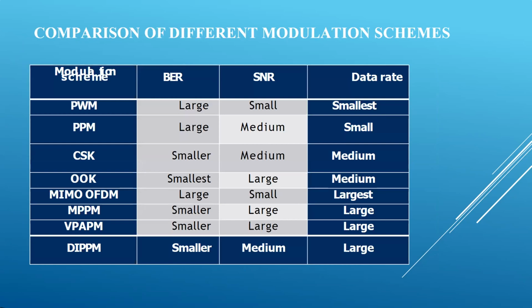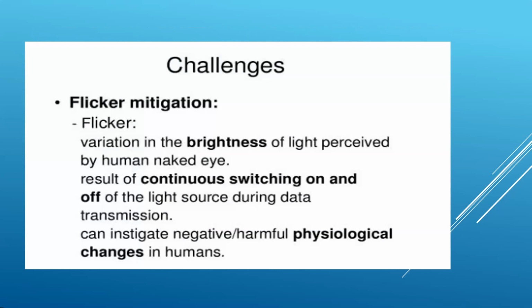This is a comparative study between the different modulation schemes using different parameters: BER, bit error rate, signal to noise ratio, and data rate. We use all the parameters and all the schemes individually to get the results. So this is the comparison chart.